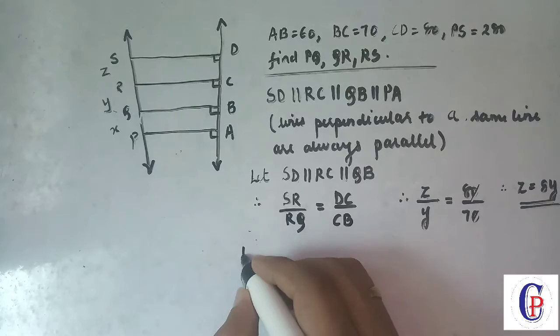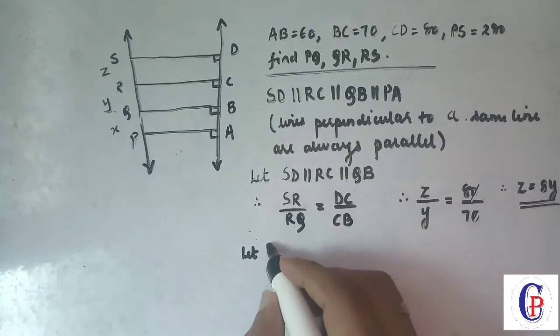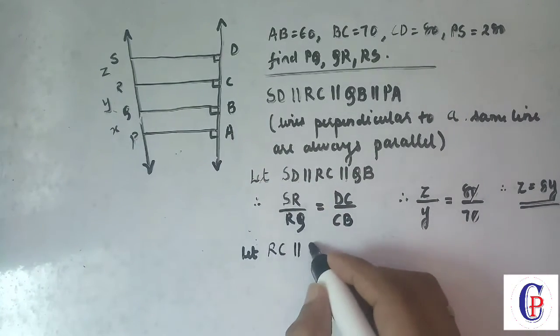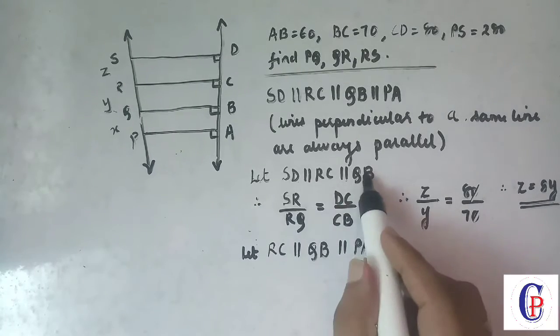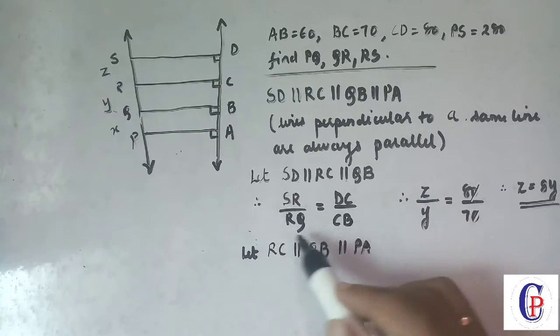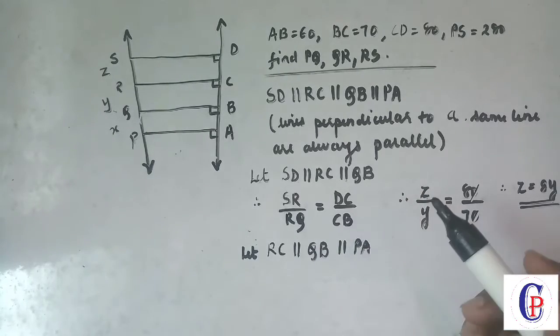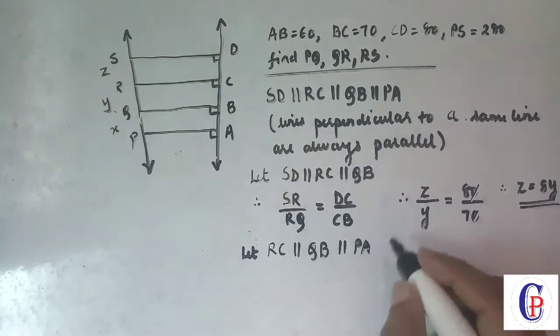Now let us take these three lines parallel: RC parallel to QB, parallel to PA. Whenever you write this parallel, you should write the reason for why we wrote it. The reason is the theorem on three parallel lines and their transversals.